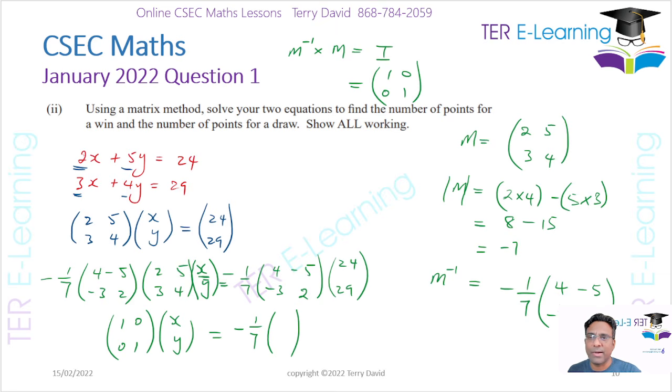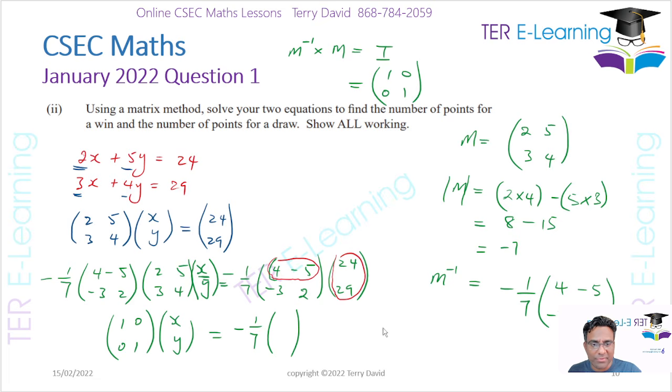Now to get that 2 by 1 matrix, we're doing row by column. So we need to take this row here and multiply by this column here.